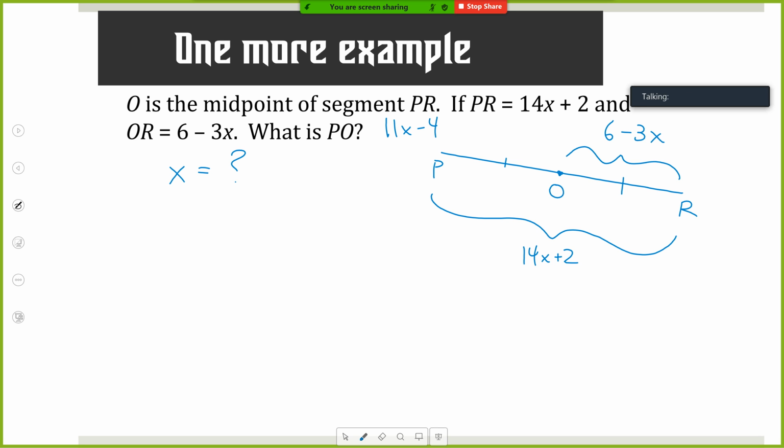Oh, I see what you did. I'm assuming that you got that by taking 14x plus 2 and subtracting, in parentheses, 6 minus 3x. Yes. Okay. But you did your math wrong, because notice I'd have to distribute the minus sign, so it would become 17x minus 4.